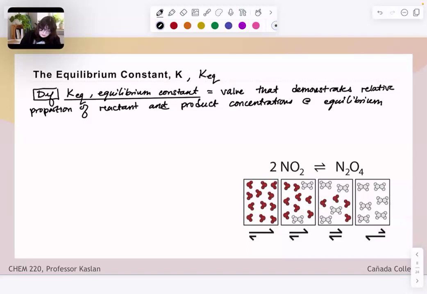So what would that look like? So relative proportion of reactant and product concentrations.